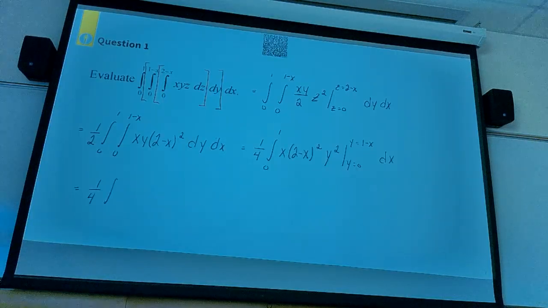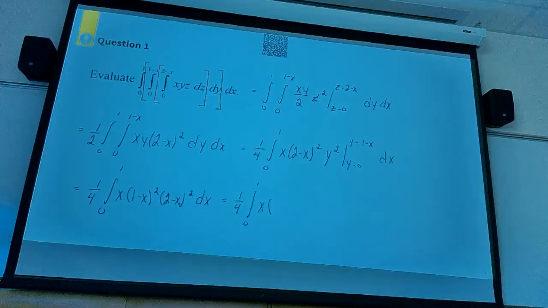Now use the fundamental theorem. Bummer. We're going to have to expand this. 1 minus x quantity squared.